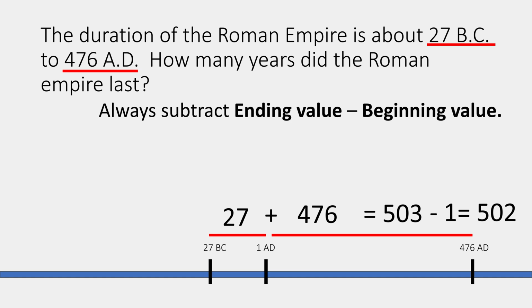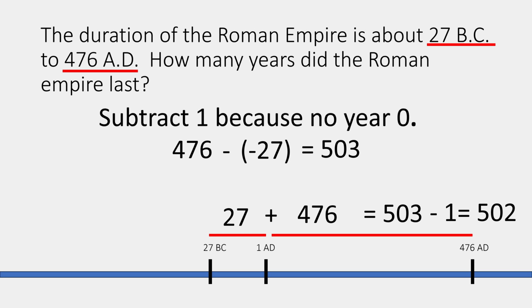The ending value is also the date closest to ours. 476 AD is closer and the ending value, so we will subtract negative 27 from it. That will equal 503. Subtract 1 because there is no year 0. So 503 minus 1 is 502 years. That's how long the Roman Empire lasted.